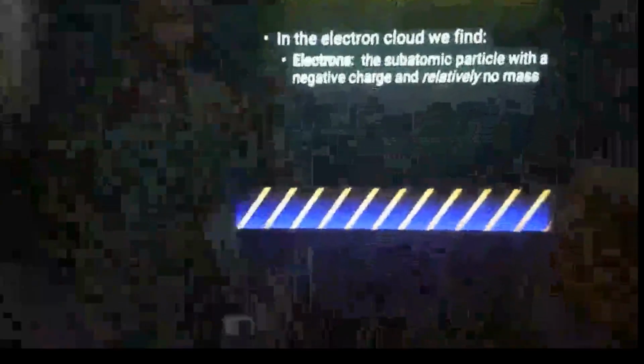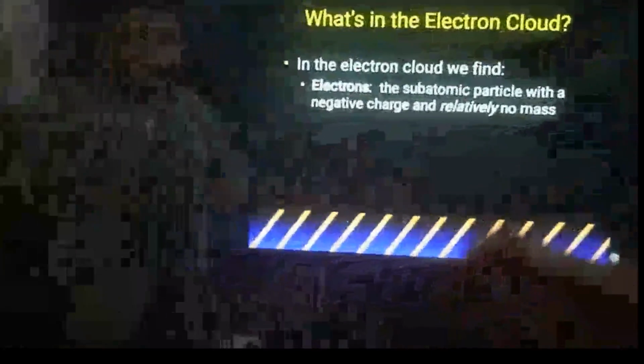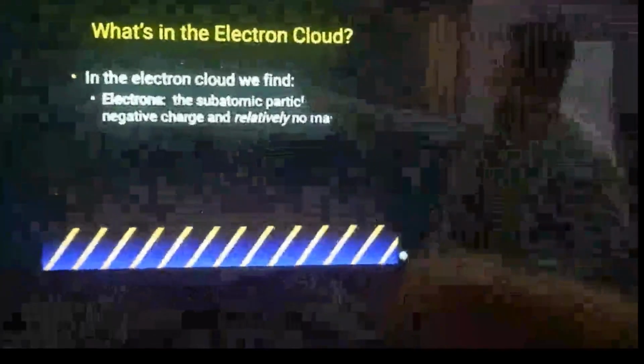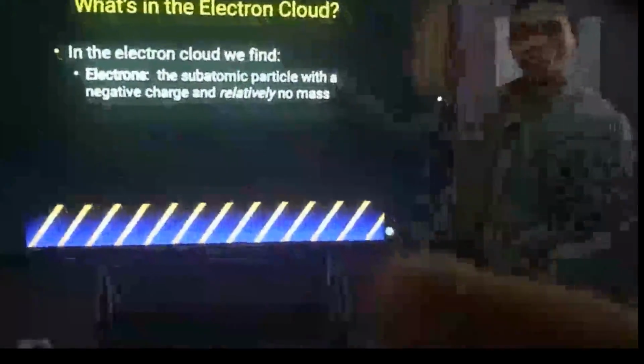The electron cloud is considered as empty space. There are no particles spread regularly in the electron cloud. But there is one subatomic particle that can be found in the electron cloud. What is the name of that particle?